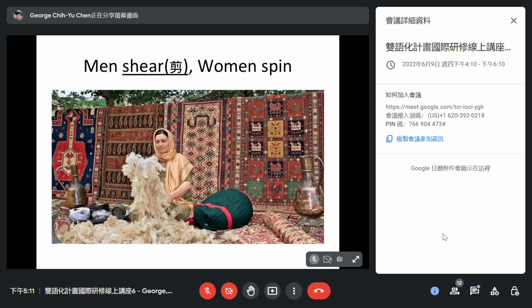Shear means to cut, 剪羊毛, shear the sheep in spring and autumn, 在春天跟秋天, while women collected dyestuffs, 去收集染料, and spun and dyed the yarn in spring, summer, and autumn. And in this slide, you can see piles of wool being untangled and ready for spinning.